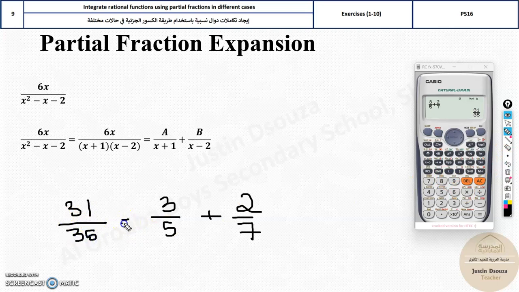What I'm trying to say over here is, this is 31 by 35. You can see this can be written as 31 divided by, instead of 35, I can write 5 into 7.